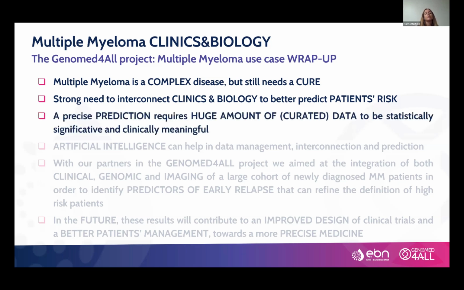A precise prediction requires, as we have seen, a huge amount of curated data, so data that have also been harmonized in the first part of every project, in order to be statistically significant and possibly clinically meaningful.